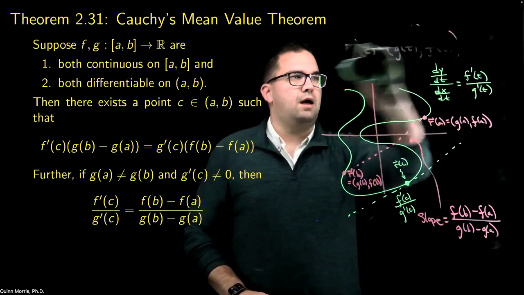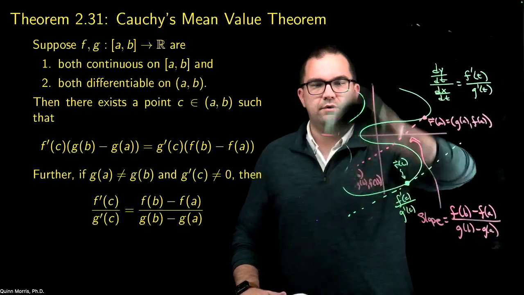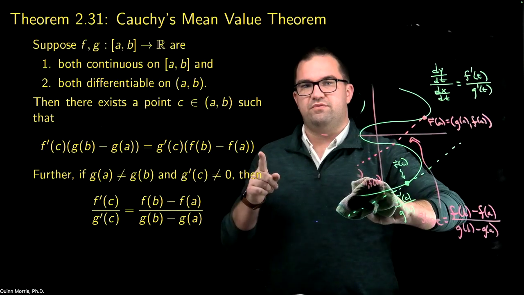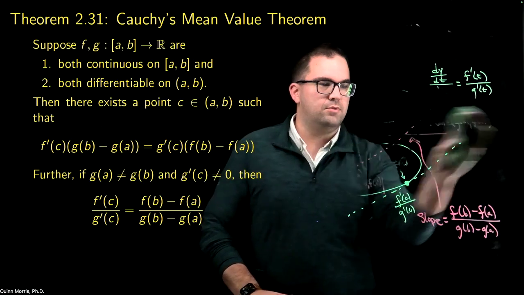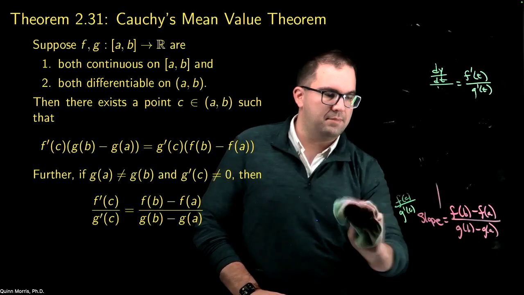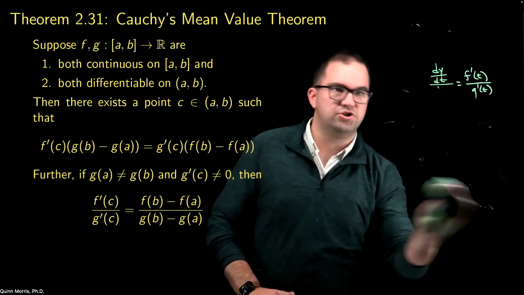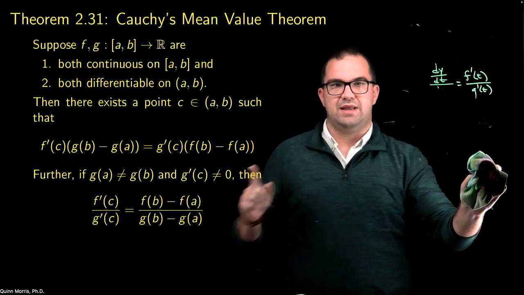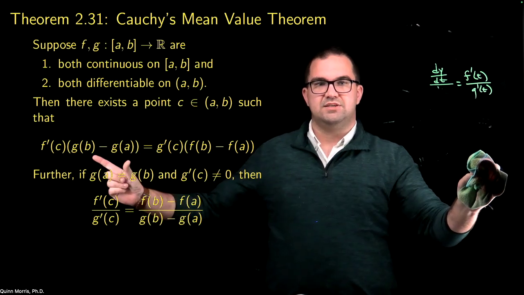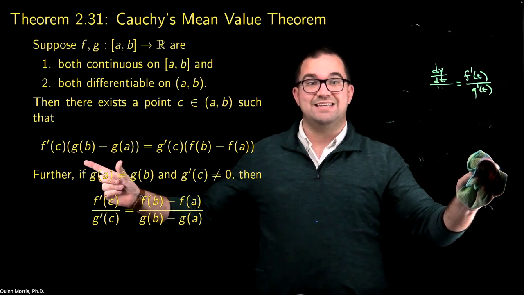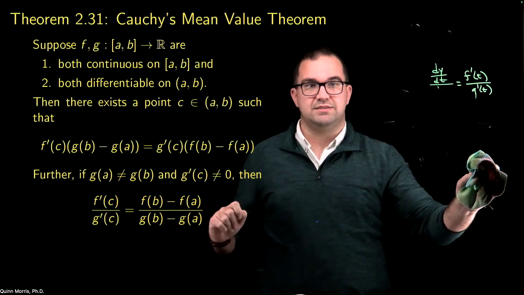Now, I also want to quickly point out that if we can prove this first part, then the second part follows almost immediately. Because if I take that first equation, and if g of a is not equal to g of b, then this term g of b minus g of a is not zero. And since it's not zero, I can divide both sides by that.